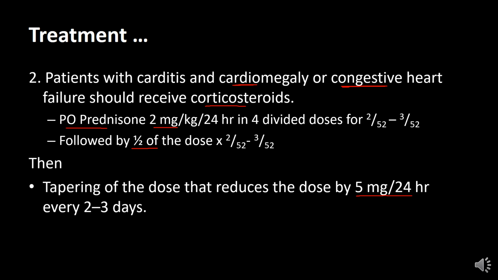That means if the child was getting 80 milligrams, for instance, and now you have decided you want to start tapering it down, you will give them a dose 5 milligrams less of the total daily dose. And you do that tapering every 2 to 3 days, not a daily affair. So when you reduce the total dose by 5 milligrams, you give it today, tomorrow, and then review on day 3. That's when you can consider tapering it further down until you are at 0.